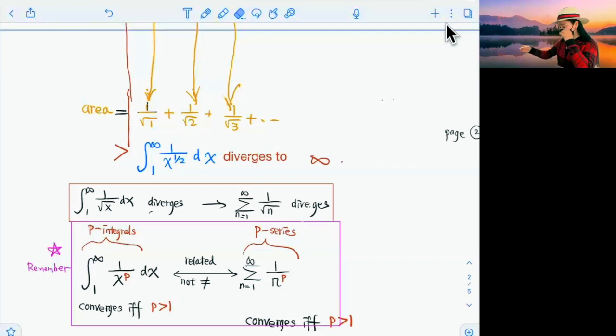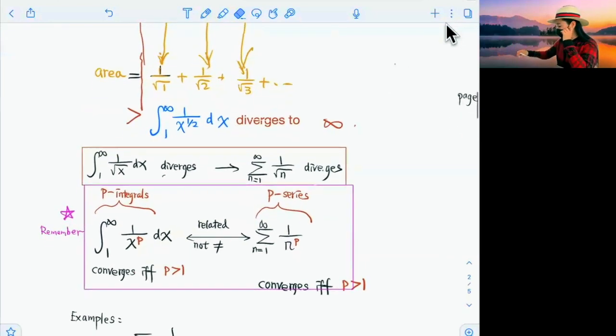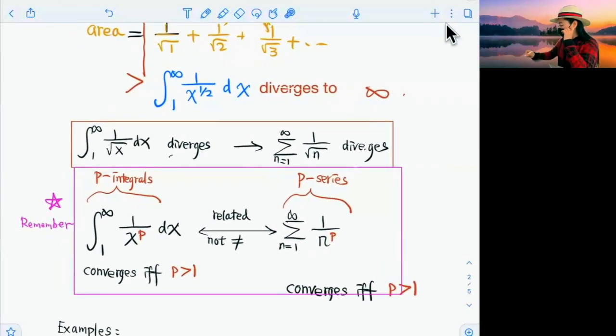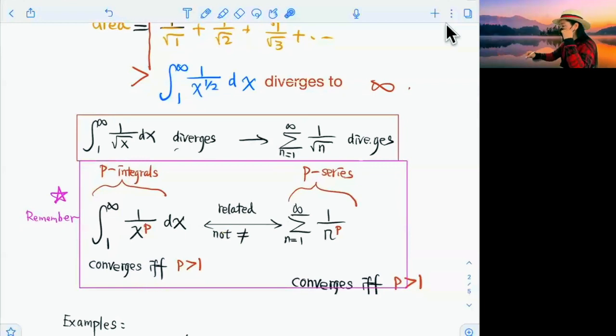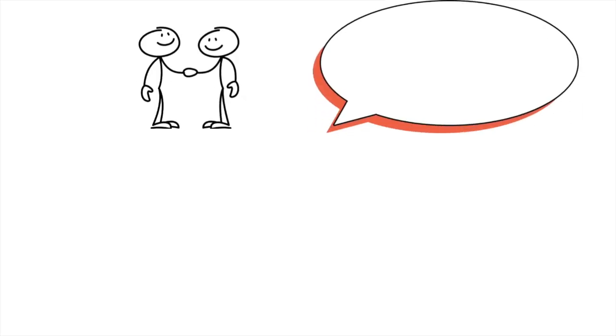We have this important result here, and I put the star here because I want you to remember it. When would this P-integral converge? It converges if and only if P is greater than 1. Then the related series, called the P series, also converges if and only if P is greater than 1. So you can put them together and remember them together.